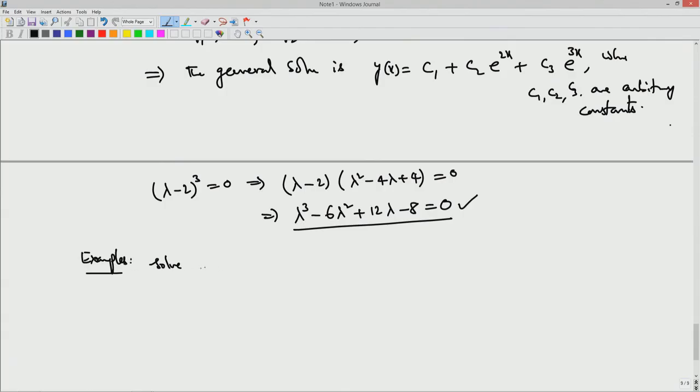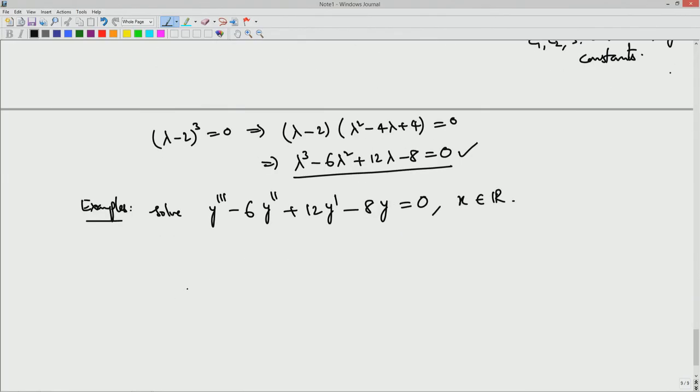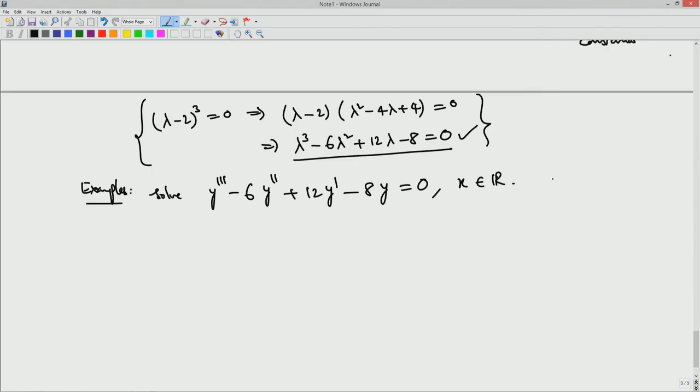So, I can give you: solve y triple dash minus 6 y double dash plus 12 y dash minus 8 y equal to 0, x belongs to R. If you are given it like this, beforehand I know the roots, that is why I make this equation. Otherwise, if I start with this, I have to worry about the roots of this.